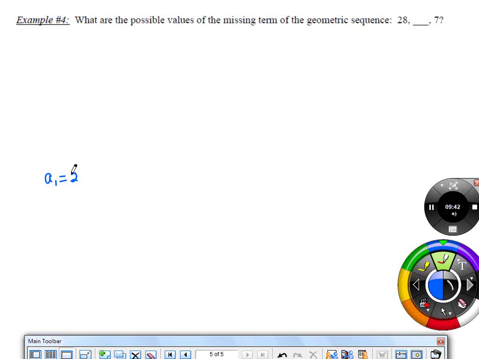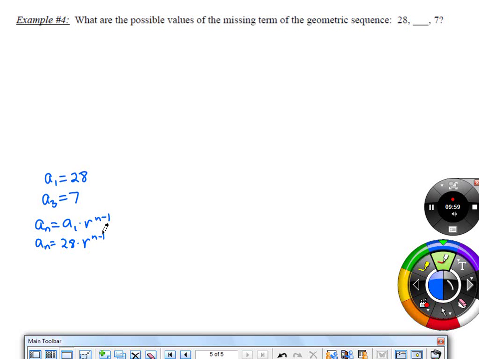We know that the first term is 28, and the third term is 7, and they tell us it's geometric. So we're going to go back to our explicit rule and see what we know. First term is 28. We really want that ratio because it's going to help us distinguish terms in between.